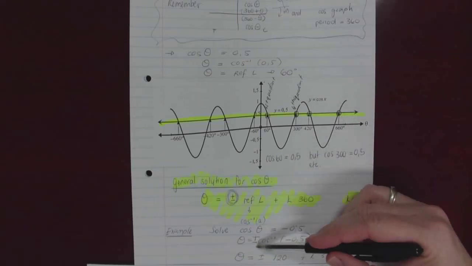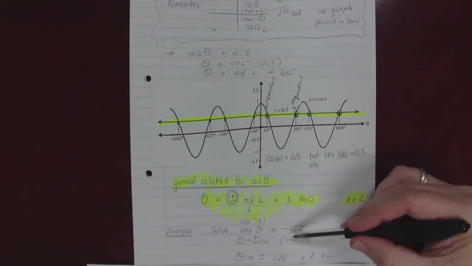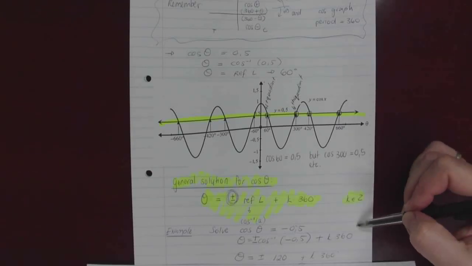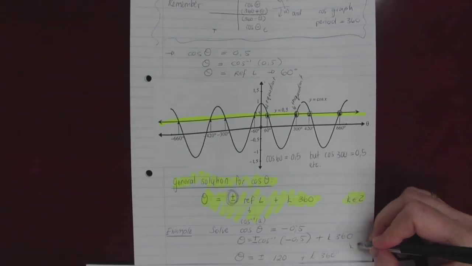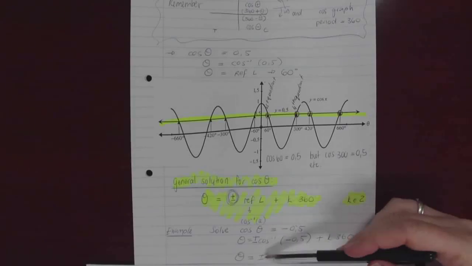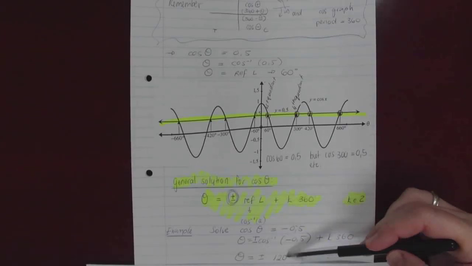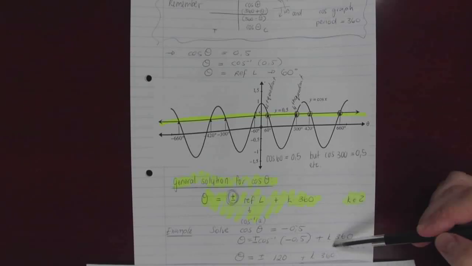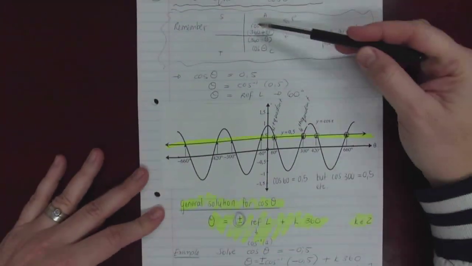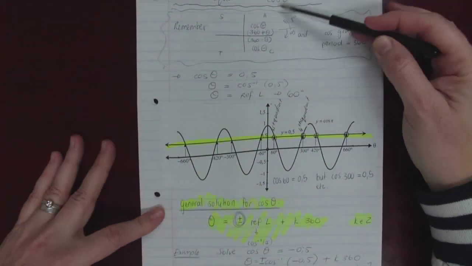So plus or minus shift cos of minus 0,5 plus k times 360, and k is an element of integers. So I have plus or minus 120 plus k times 360. What does it mean? I still have two options because it's still in two quadrants.